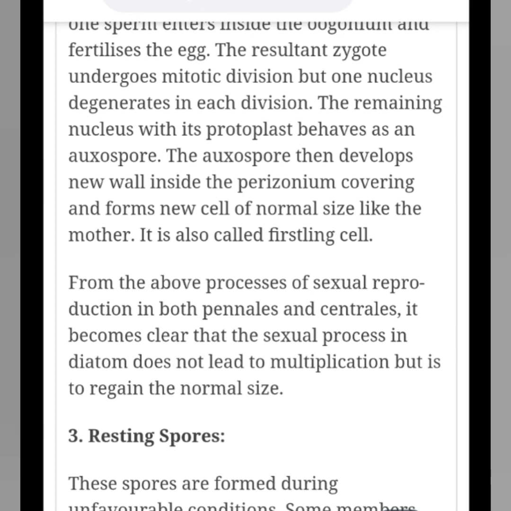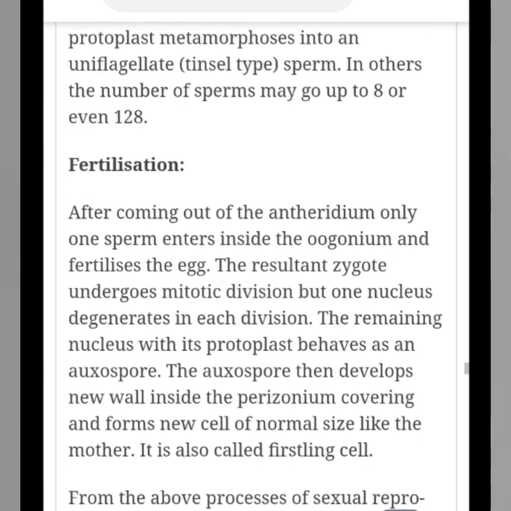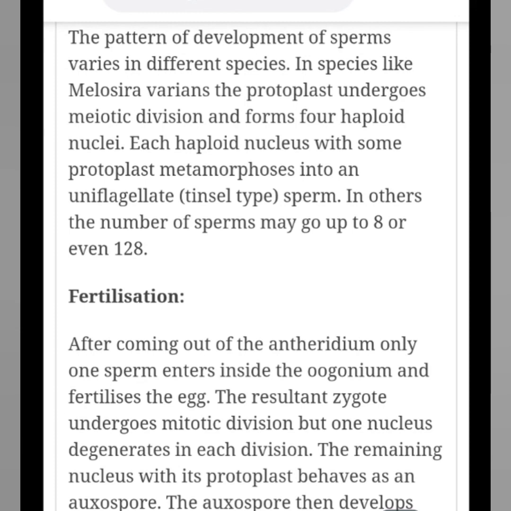In case the environmental condition, such as the pH of the water or the temperature, is not favorable for sexual reproduction to occur, for auxospore formation, then instead of auxospores, these resting spores known as cysts or statospores will form, and later on, when the condition is favorable, they will undergo sexual reproduction.